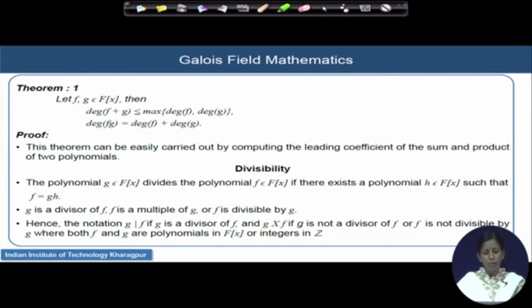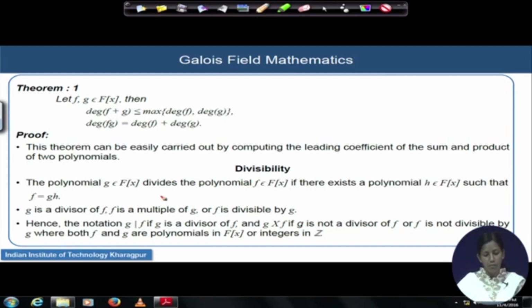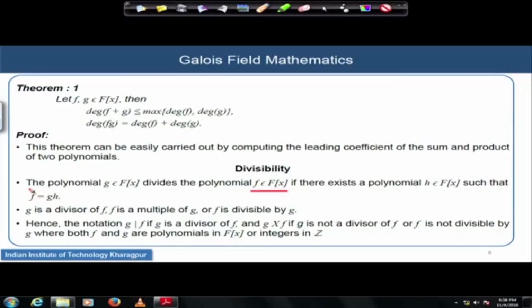The next important property of polynomials is divisibility. A polynomial g that belongs to F[x] divides another polynomial f, which also belongs to F[x], if and only if there exists a third polynomial h(x) belonging to the same F[x] such that f is equal to g times h.